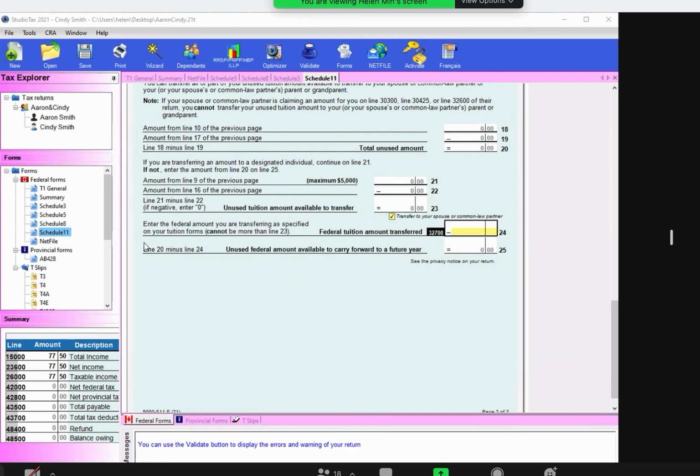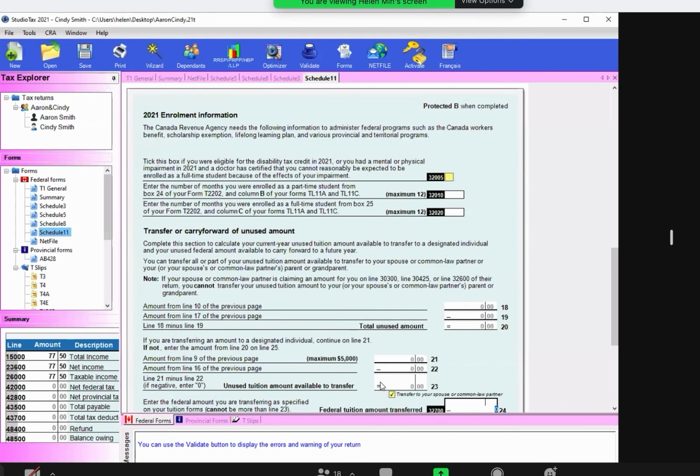Then here you just copy this one. This federal amount you transfer is specified on your tuition forms. Then you just write this number, then put the line for how much you transfer.